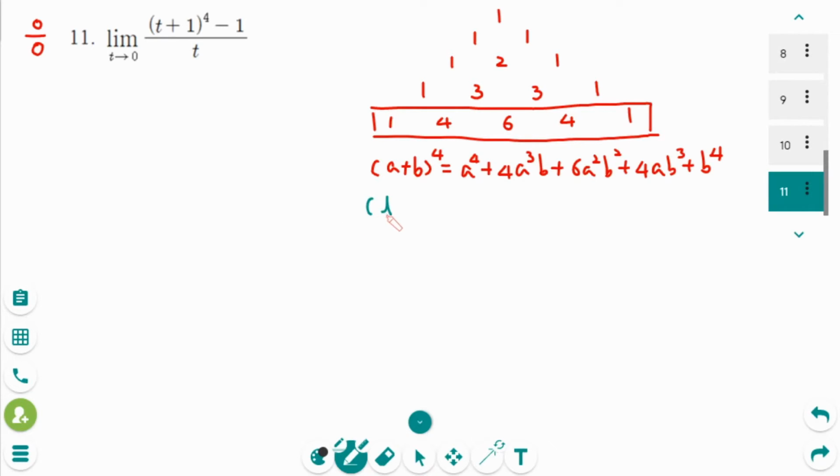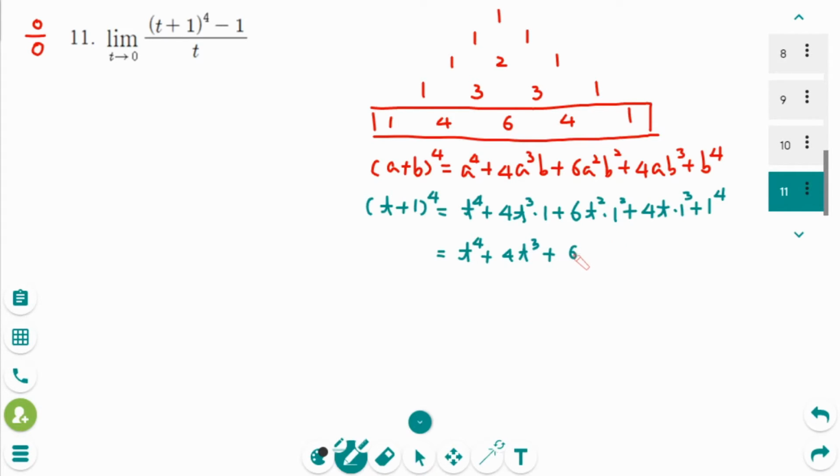So t plus 1 to the power of 4 equals t to the power of 4 plus 4 times t cubed times 1 plus 6t squared times 1 squared plus 4t times 1 cubed plus 1 to the power of 4, which is t to the power of 4 plus 4t cubed plus 6t squared plus 4t plus 1.